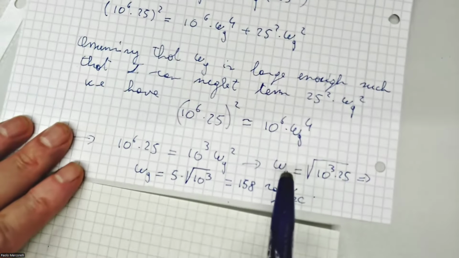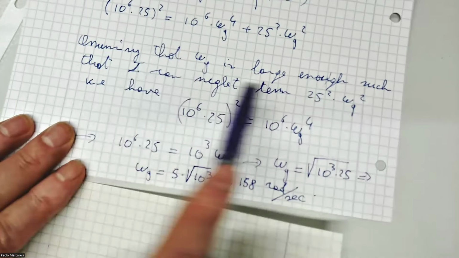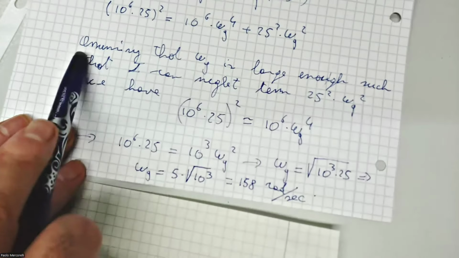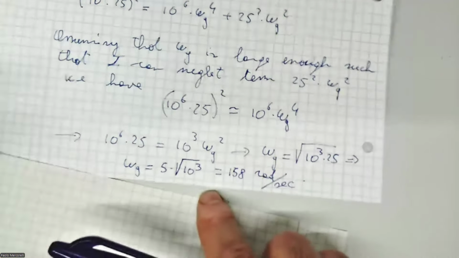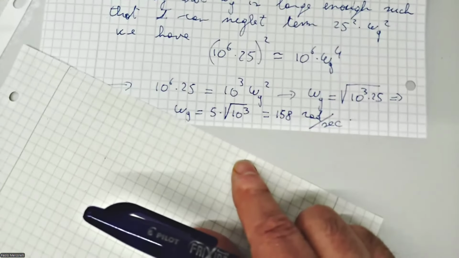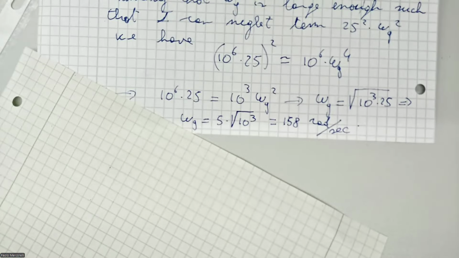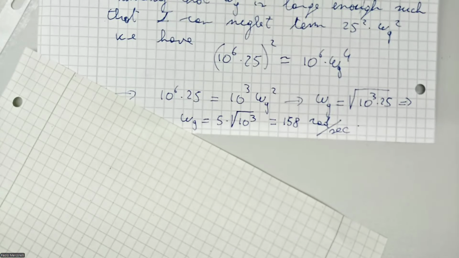Look at what I'm writing here. Assuming that omega g is large enough, we approximate this. Nevertheless, it's a hypothesis not so restrictive, because for Ki, please pay attention, for Ki very large, the Bode diagram goes up.